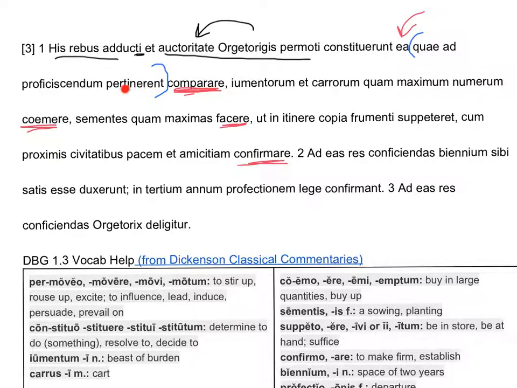Which pertinerent, which pertain. Ad plus an nd word usually means for the purpose of, which pertain to the purpose of, in this instance, the setting out, which pertain to the trip. Which makes sense. If you're going on a big trip with a bunch of people, you're probably going to gather a bunch of things. Okay, let's look at the next thing.